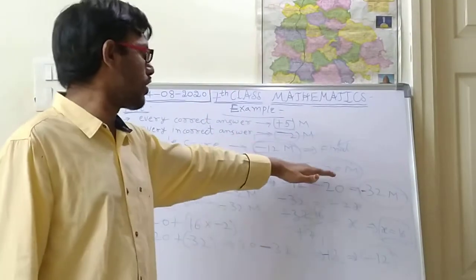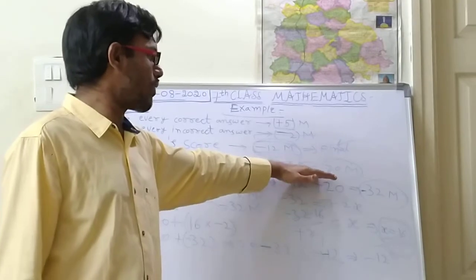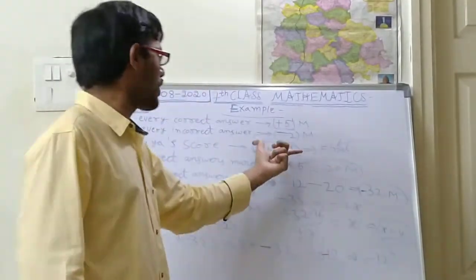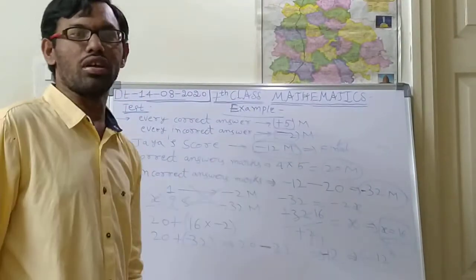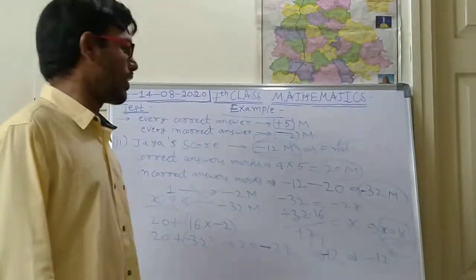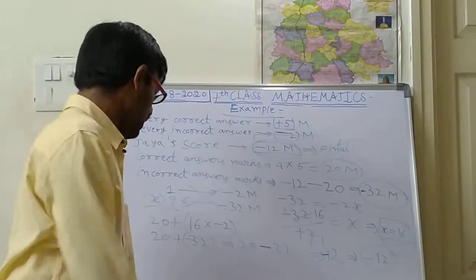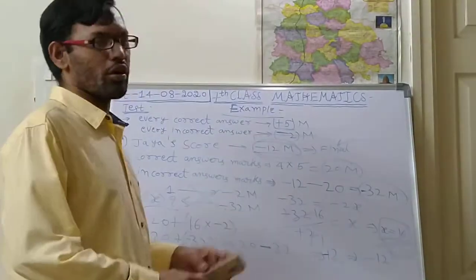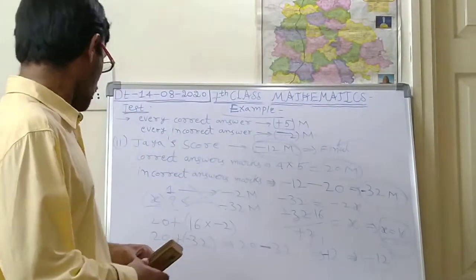From the total only you have to subtract this and this. If you subtract 20 marks and minus 32 marks, you will get minus 12 only. So this is how you have to do this type of problem. Very important problem, children.